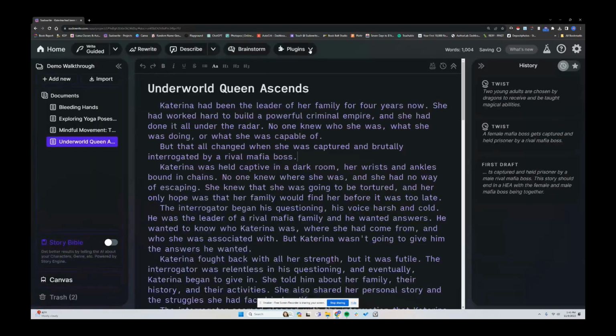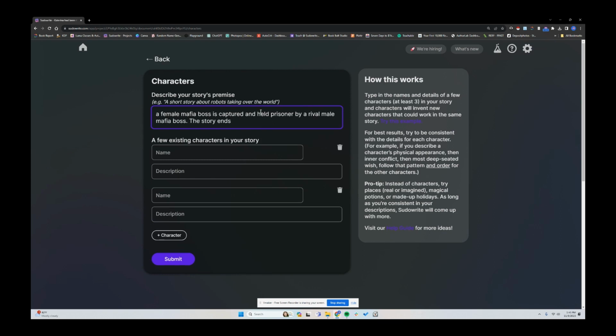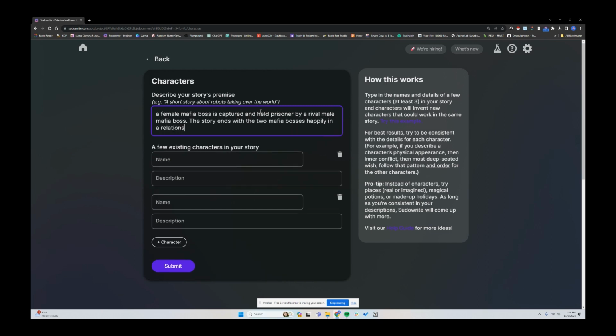Let's go back and look at our list. Characters. All right. Sticking with the same thing, female mafia boss is captured and held prisoner by a male. Right, ends with the two mafia bosses happily in a relationship.